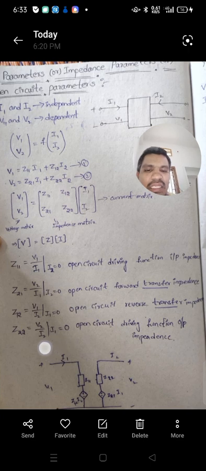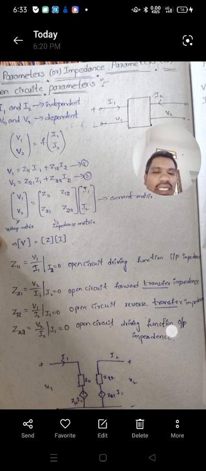That means the output voltage is divided by the output current. That's why the Z22 impedance is called again the driving function output impedance. Here V2 and I2 are at the output. That's why Z22 is called the open circuit driving function output impedance.